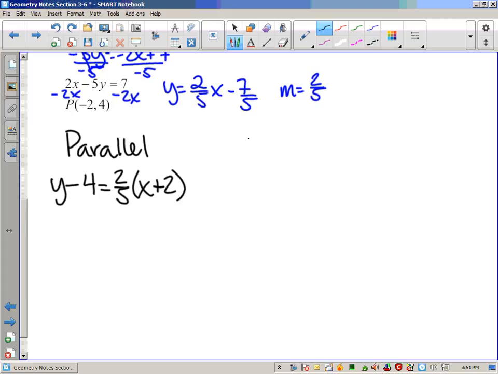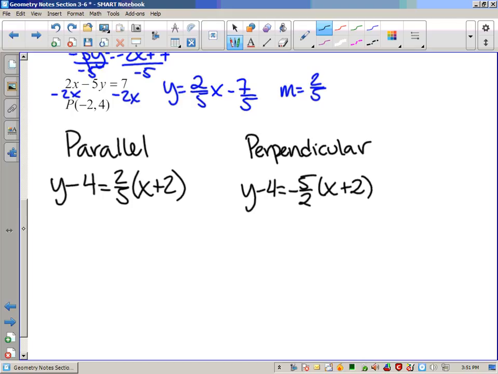So there's parallel. Then perpendicular, I would use the same thing, except I'm going to change the sign and flip it. And there we go. And that's it.